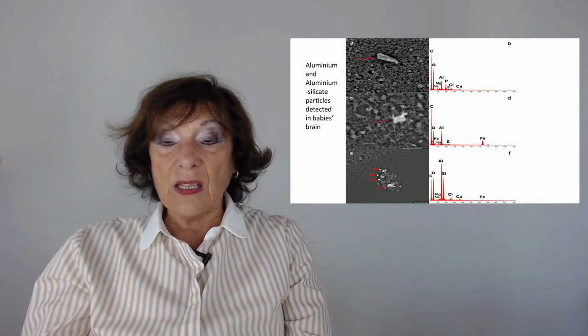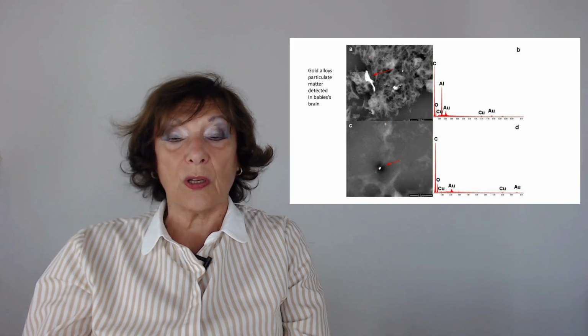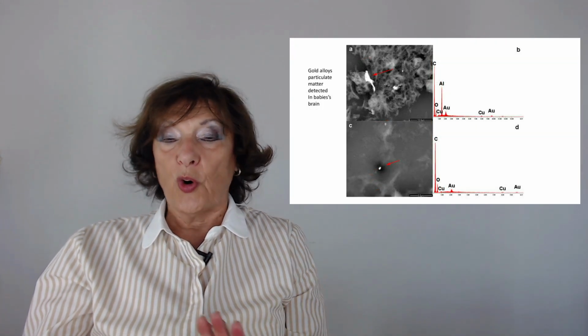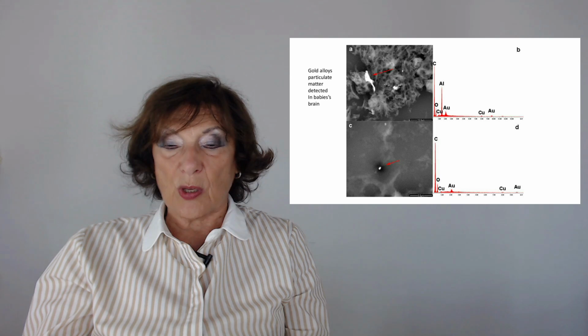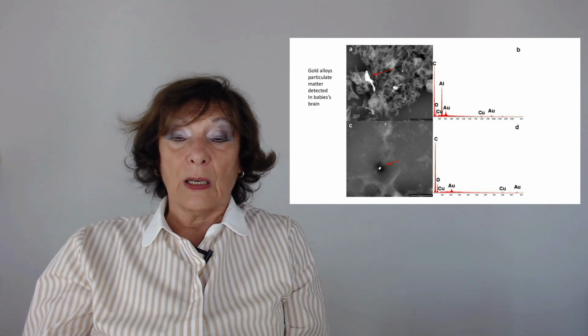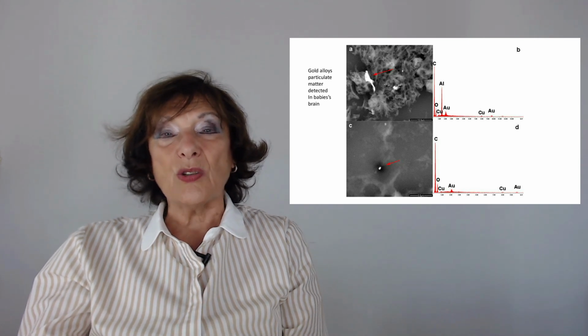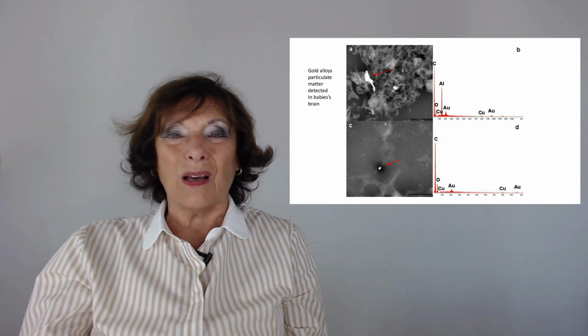In other cases, we verified also the presence of nanoparticles of gold. We don't know exactly the source of these nanoparticles, but we know that this contamination was translocated by the mother to the fetus during the pregnancy.